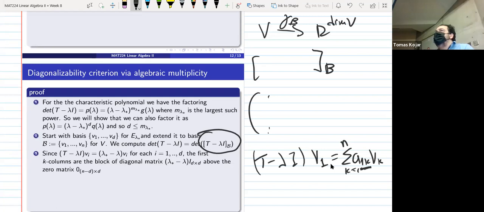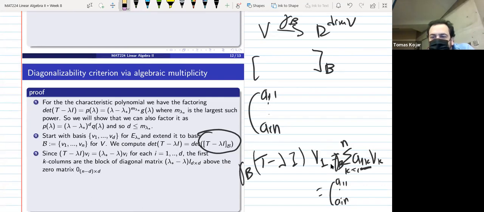Which you do through gamma B. So you act with gamma B, and it gives you A11 through A1N. Oh, did I make a mistake? Yeah, that's right, I just have to flip the thing. It's K1.